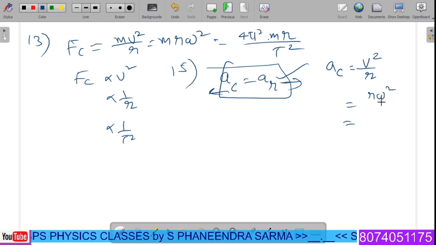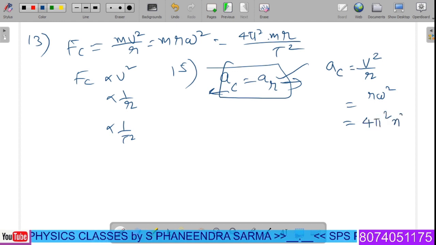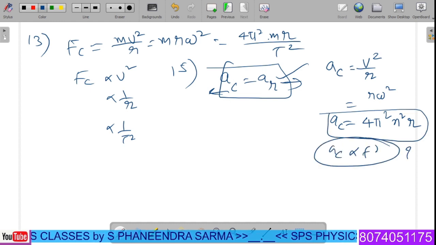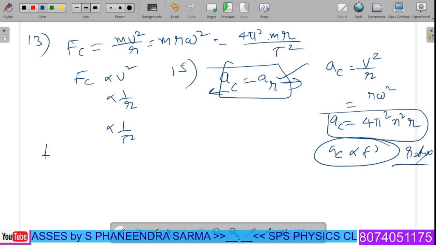And instead of omega, if you write 2 pi f, with frequency, then we write 4 pi square n square r, where n means frequency. This is the centripetal acceleration. Therefore AC is proportional to f square, provided that r is fixed. These are the standard abbreviations we have to take care of.